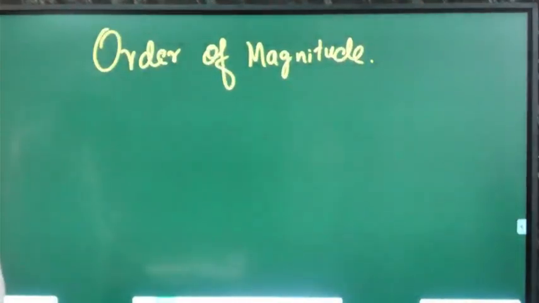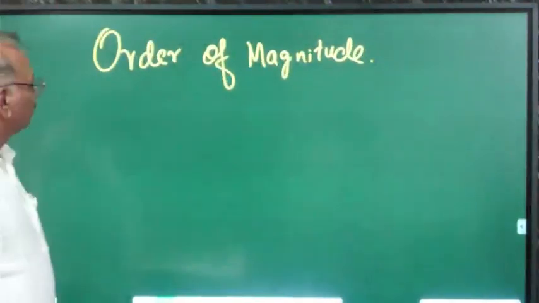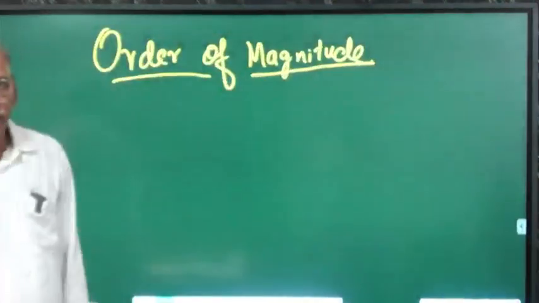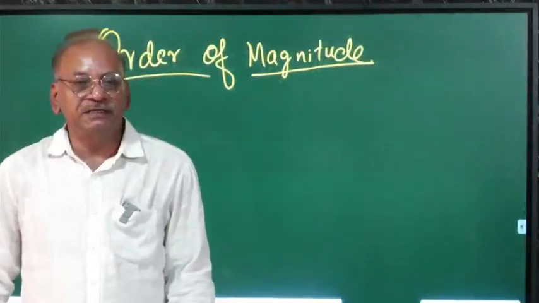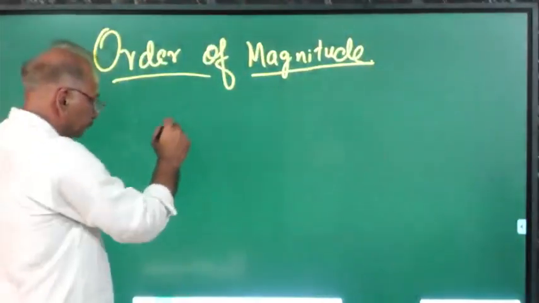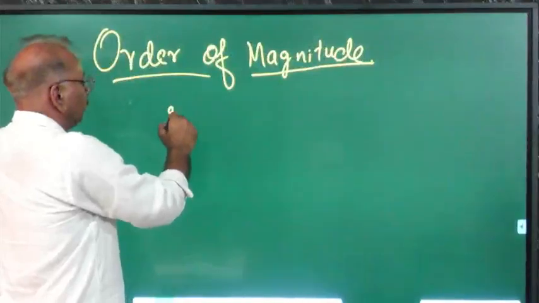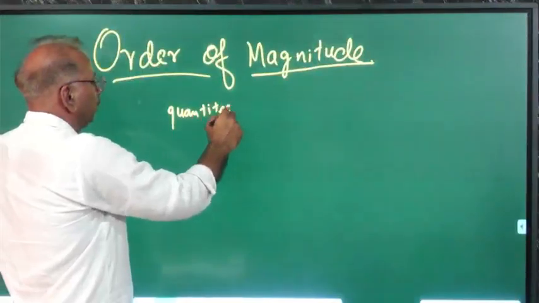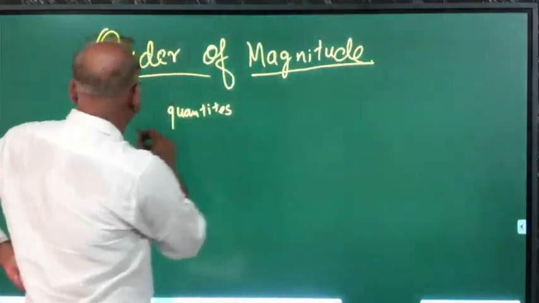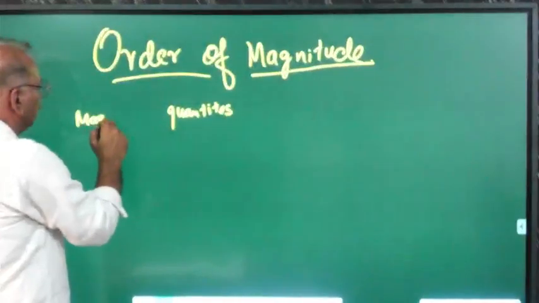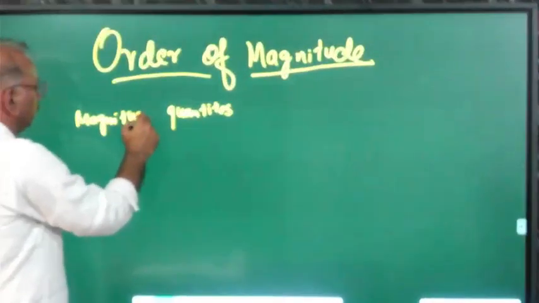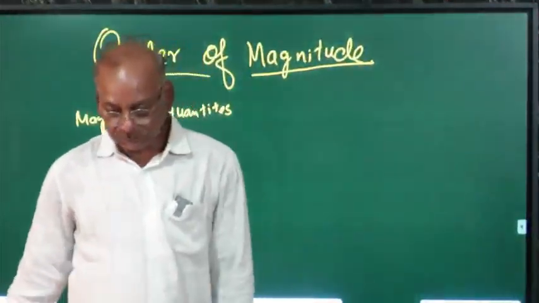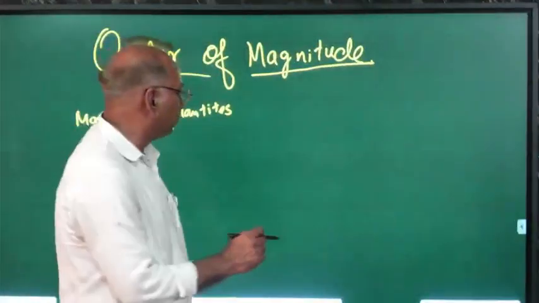Order of magnitude. It is standard practice, when writing the magnitude of various quantities, that it is expressed as a power of 10.